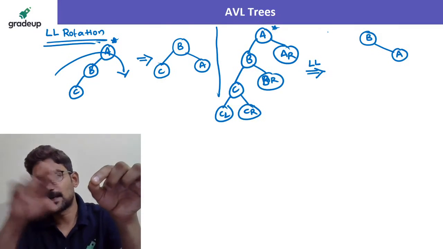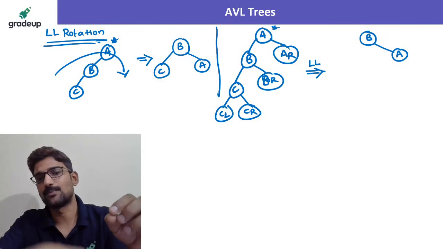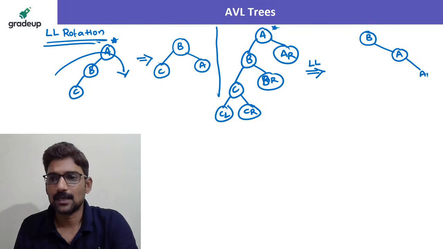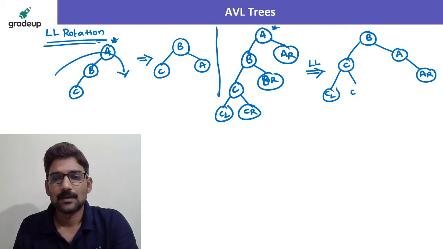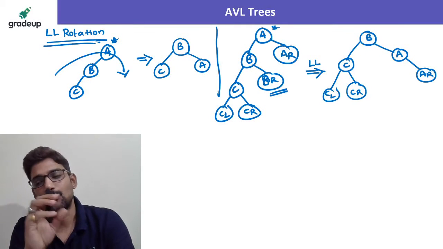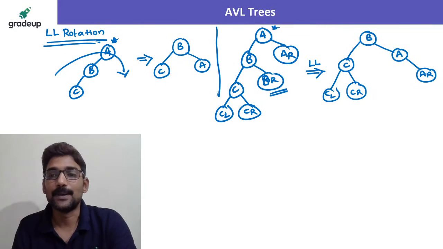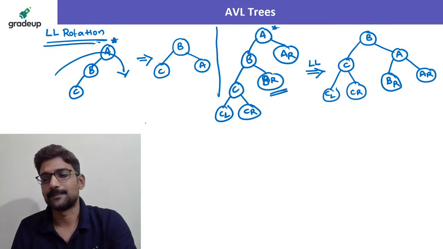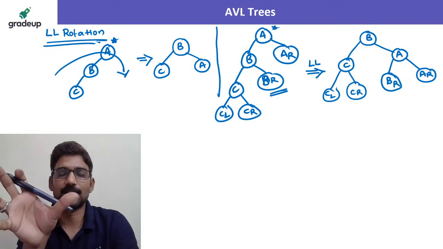At B we are applying the rotation, at A we are applying the rotation. So B comes to A's place, A goes to the right part. Whatever is attached to A will be as it is. Left of B also will be as it is. Now what else have we not counted? The right child of B will be attached as the left child for A. So this is the general formula.